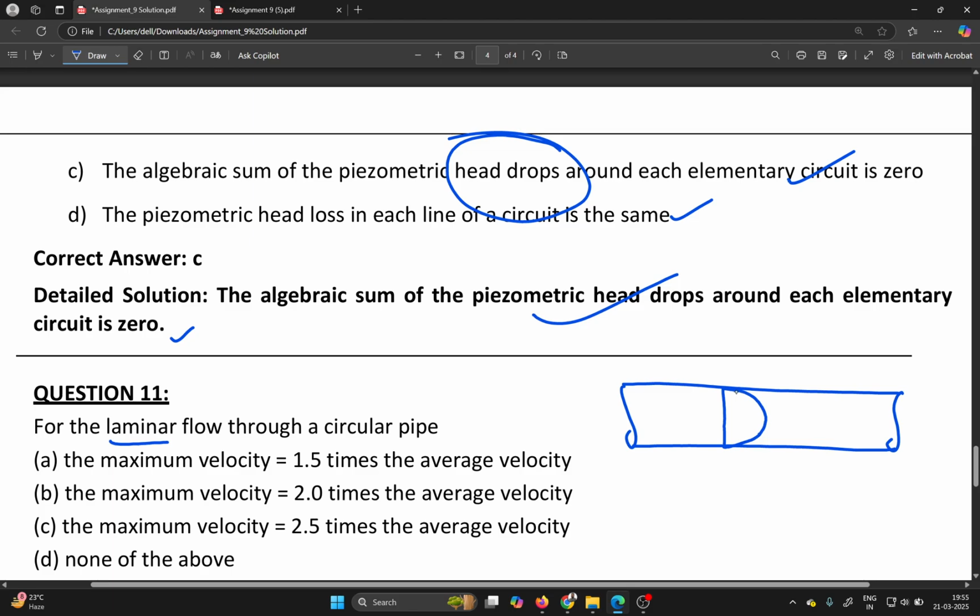Average velocity means everywhere velocity will be same. Here everywhere velocity is changing. Here the magnitude, let us suppose, is 1, here 1.5, here 2, here maybe again 1.5, and here 1, and here 0. So like that changing, but average velocity means everywhere velocity will be same.